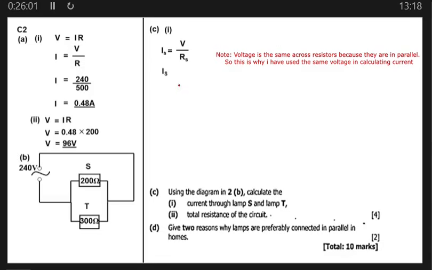So we'll say it is equal to 240 divided by 200, which will give us 1.2 amps. So that is the current which is going through resistor S.